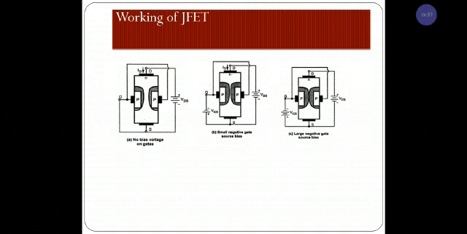The width of the depletion layer increases. If the width of the depletion layer changes, the layers become very close together, so that the electrons can't move from source to drain. So the current conduction will be little bit lower compared to that.